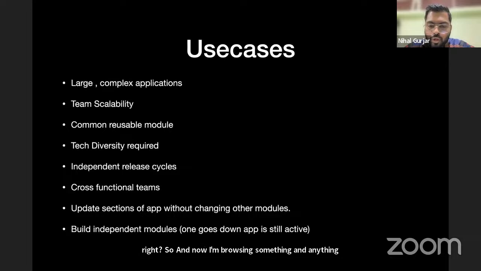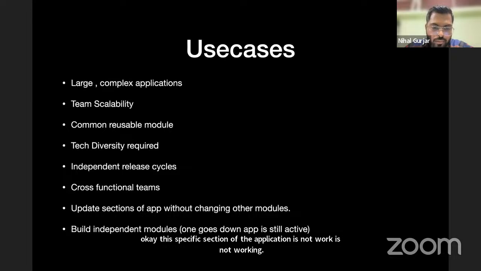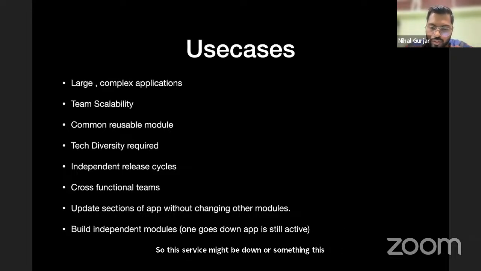That specific thing might not work. You'll know that this specific section of the application is not working, so this service or this micro frontend might be down. So you can go ahead and do the necessary testing or tasks to make it up.